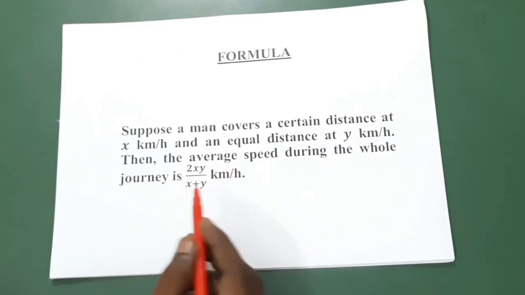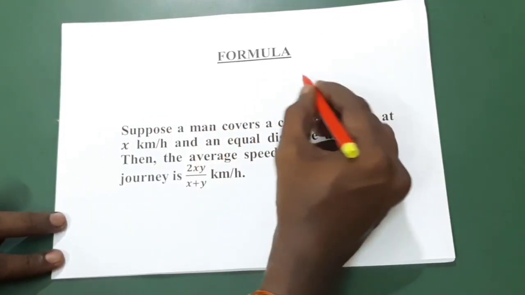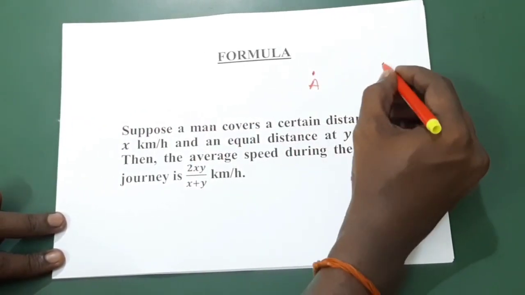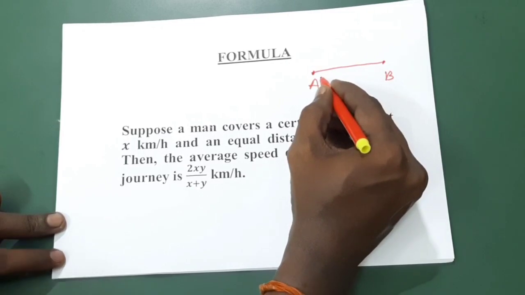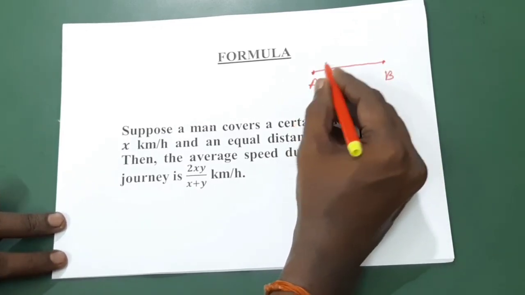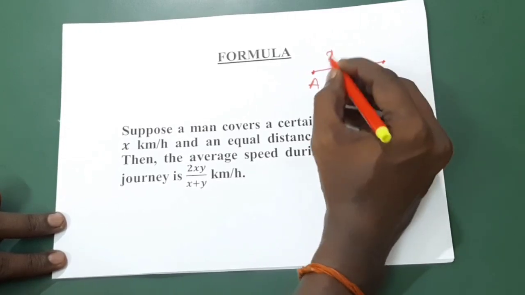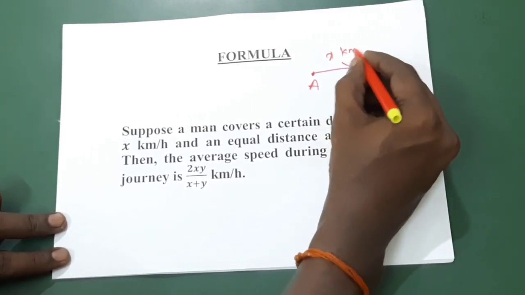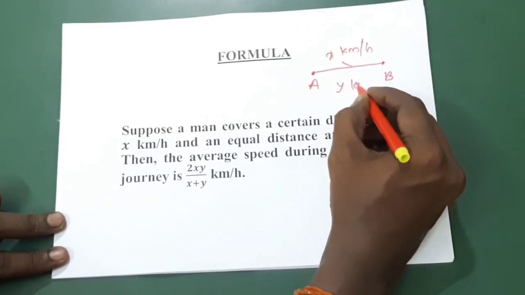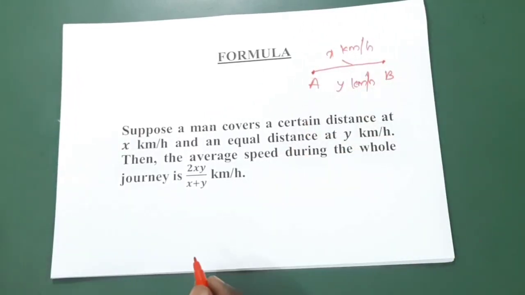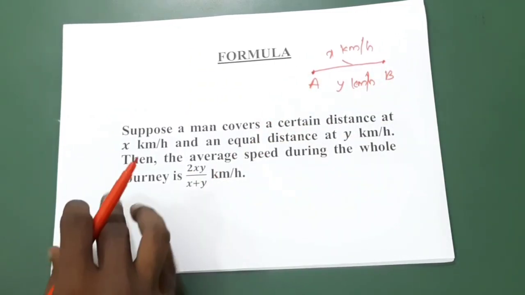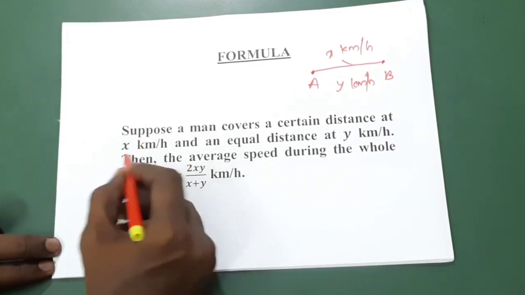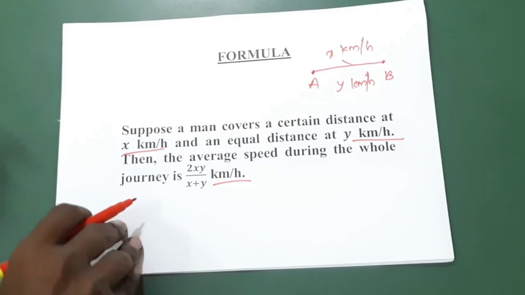So, to and fro: a man starting from point A goes to point B, then returns back to A with a different speed, y kilometer per hour. Then one can find the average speed of the person, which is given by 2xy divided by x plus y kilometer per hour. Both are given in kilometer per hour, so the average speed is also in kilometer per hour.